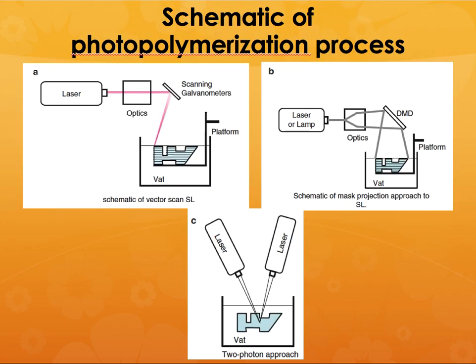So this is a schematic of the process, and the movement is controlled by using what is called a galvanometer. The galvanometer will sense the height from which the radiation is being beamed, and it will control how well the part is built.